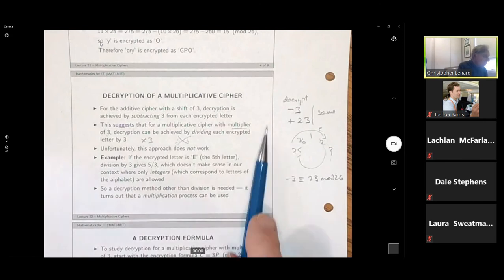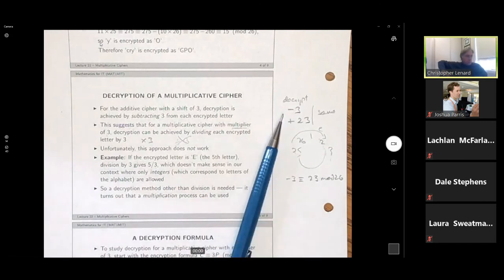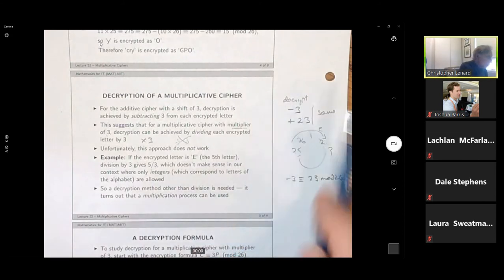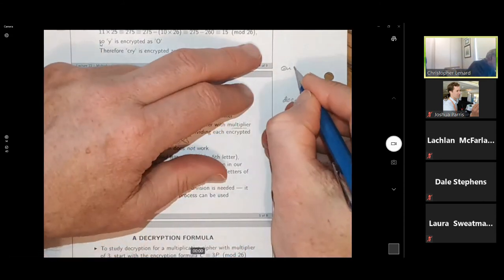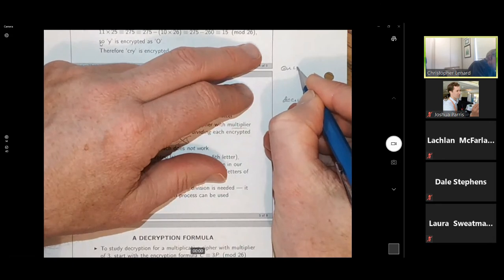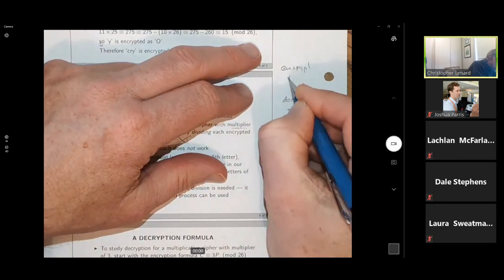So what we're going to do is something really tricky. This is partly why I talked about this. With the additive cipher, we add 3 to encipher, and to decipher, we subtract 3. But we turn subtract 3 into an add. So to encrypt, we add 3.